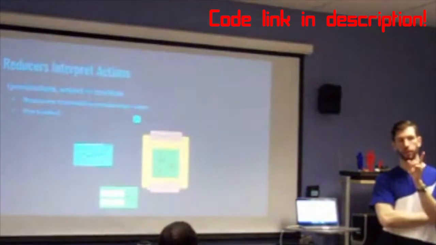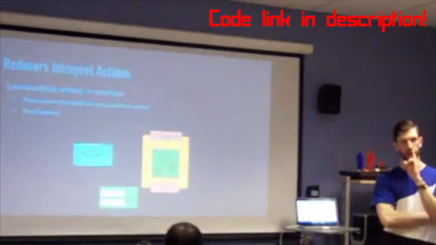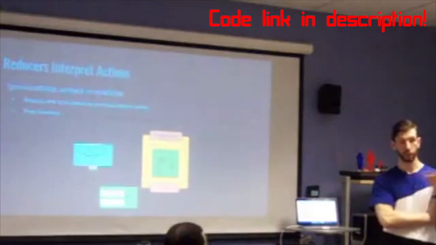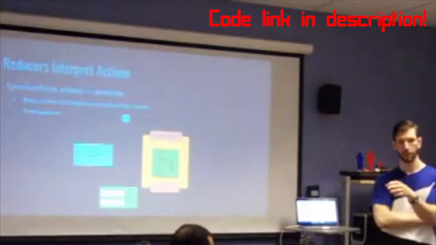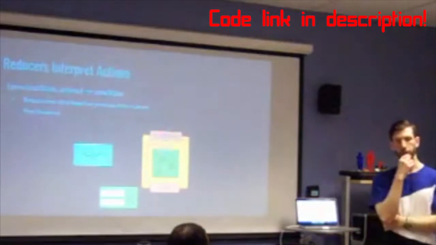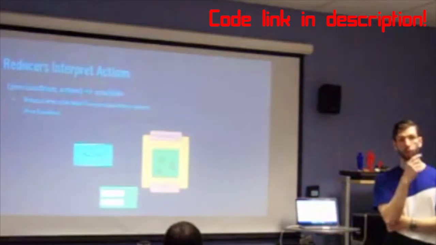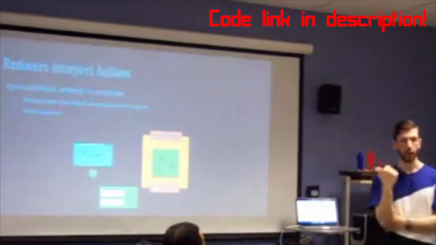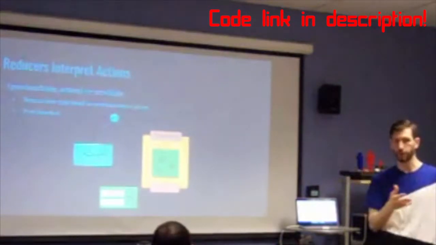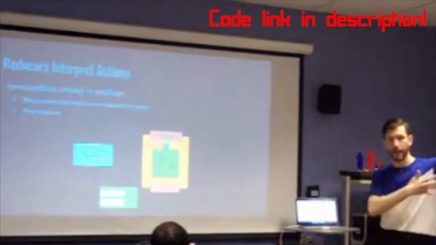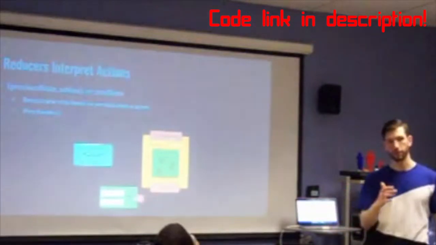Even if they were happening in parallel, if your reducers are truly separated, then they won't step on each other's toes. And that's actually another benefit of having pure functions and not using the equal sign. You can parallelize everything and not worry about race conditions.